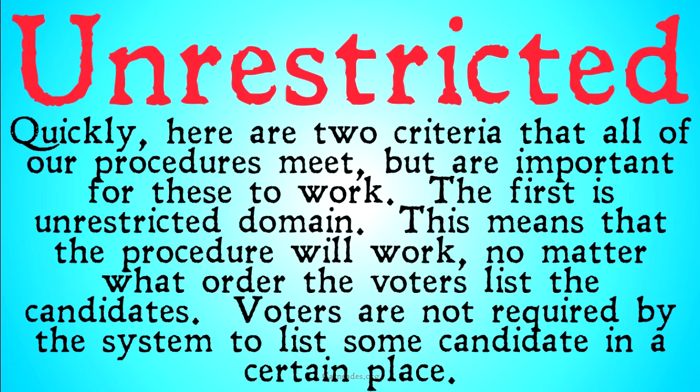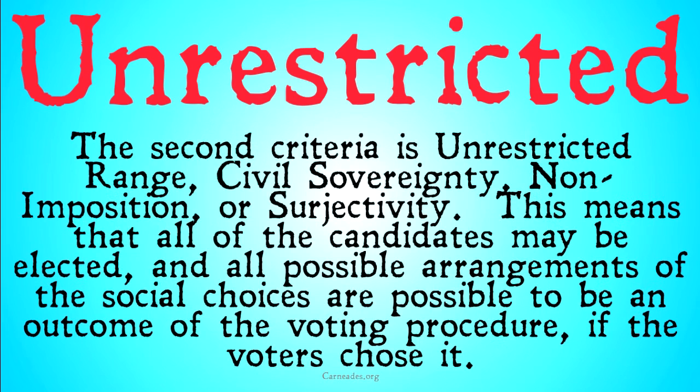This means that the procedure will work no matter what order the voters list the candidates. So there's not some place that you have to list a certain candidate in your voting preference. You're allowed to list the candidates anywhere you want. Voters are not required by the system to list some candidate in a certain place.